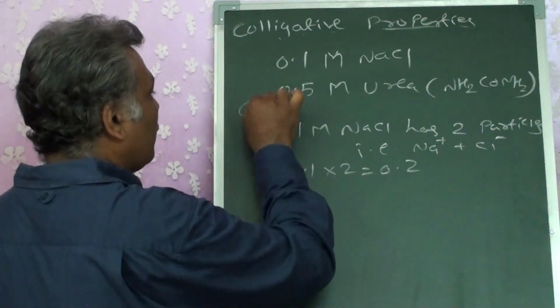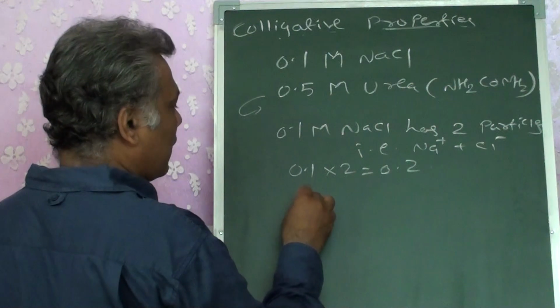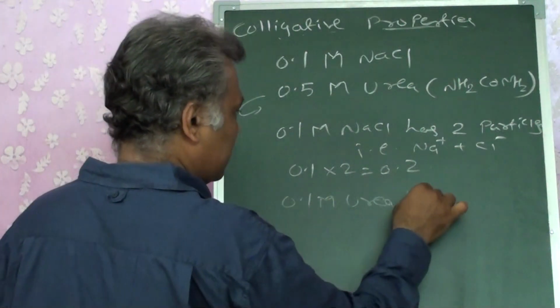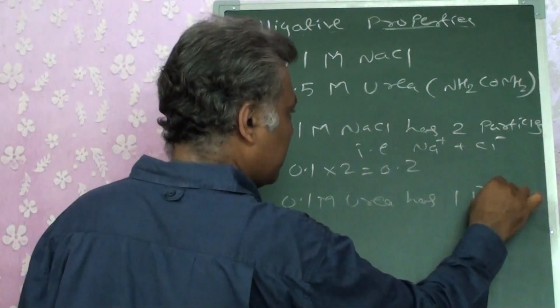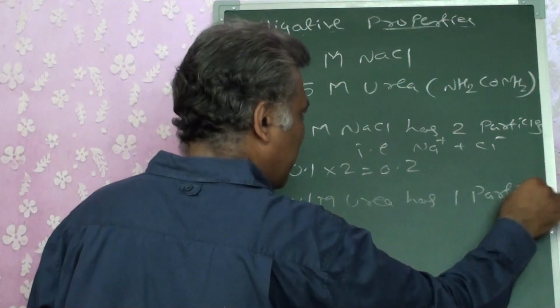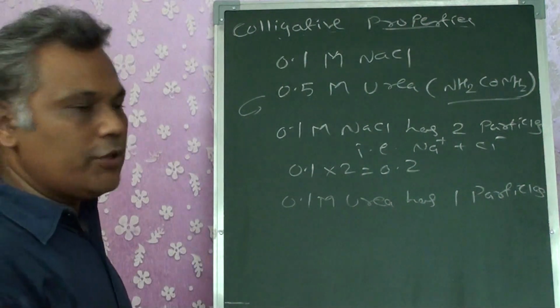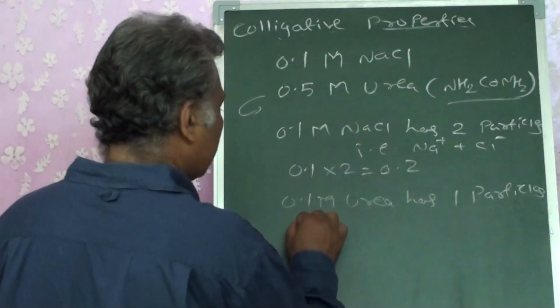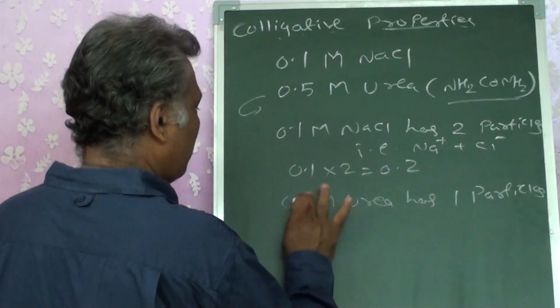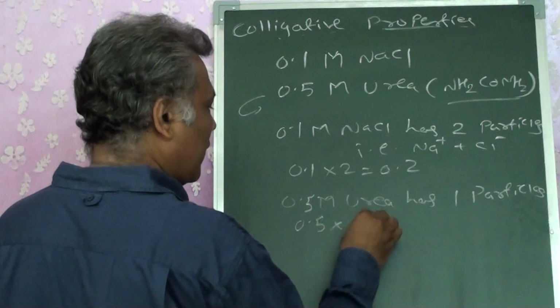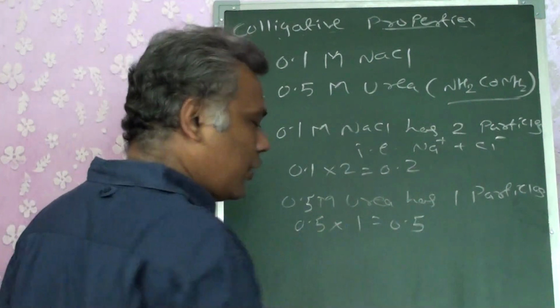Whereas urea cannot be ionized and remains as NH2CONH2, so it has one particle. That means we get 0.5 into 1, that is 0.5.